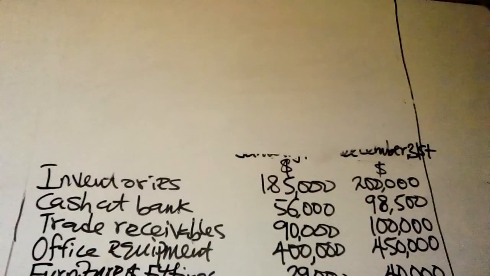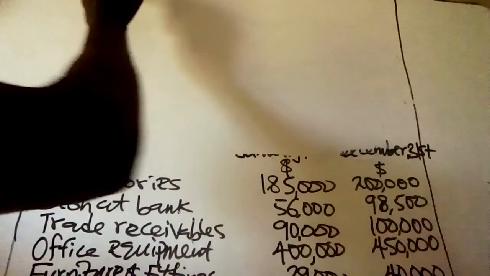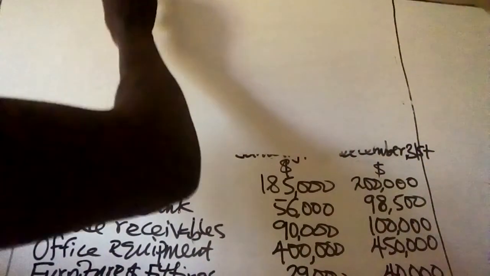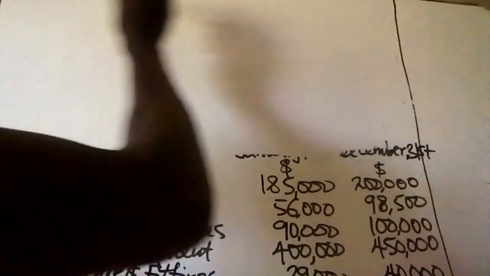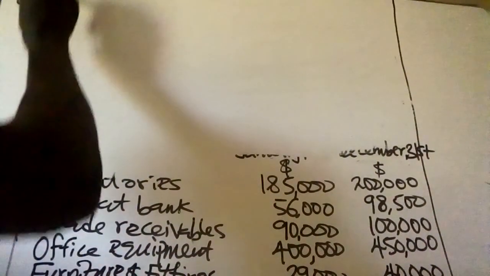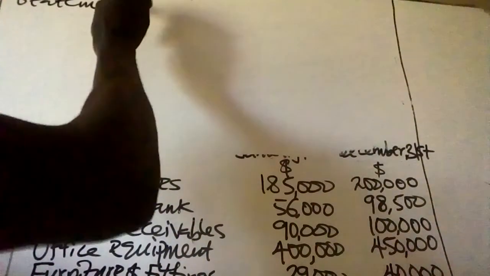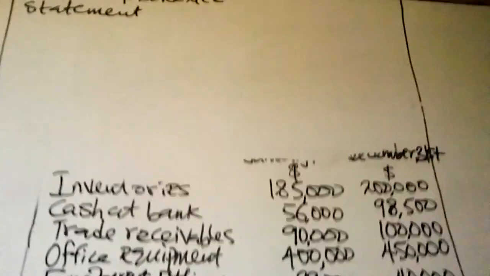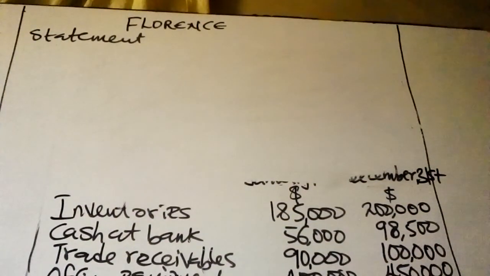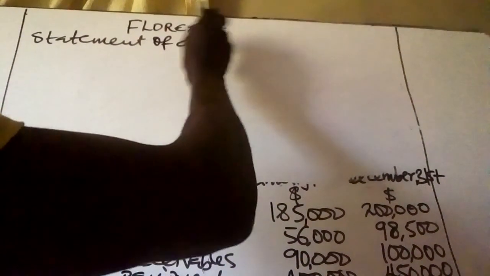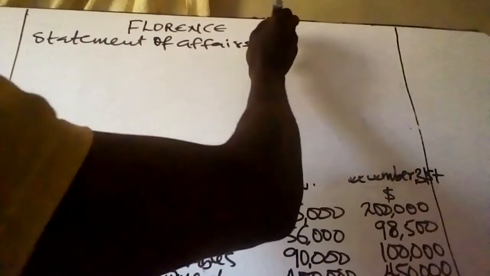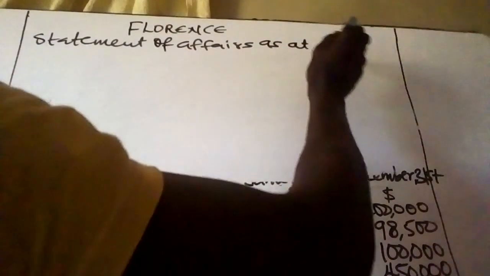The first thing is the name of the entity.